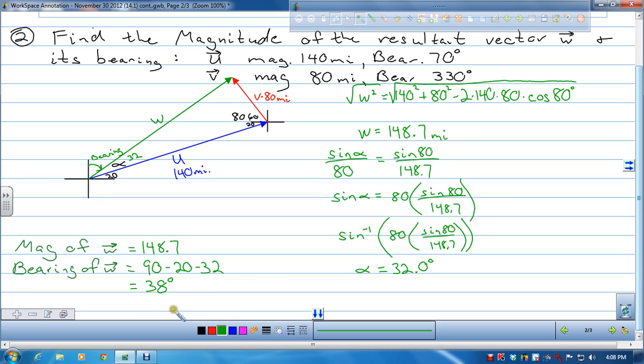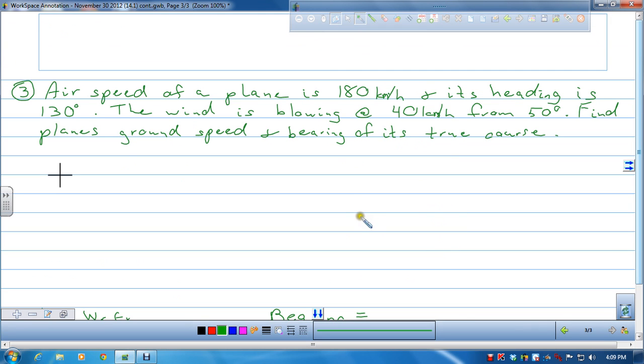Okay. So using a couple quick rules of trigonometry here, law of cosines and law of sines, I figure out that my resultant vector here has a magnitude of 148.7 and a bearing of 38 degrees. Alright, I'll do another example here. We'll wrap up.